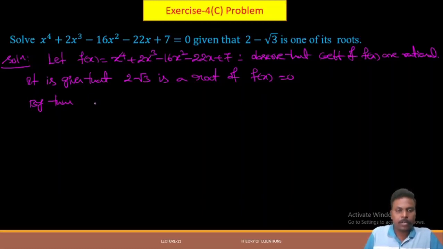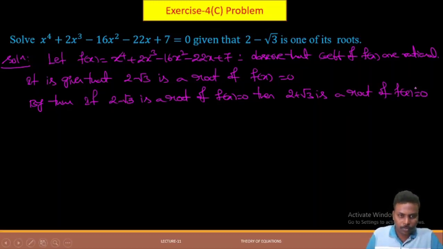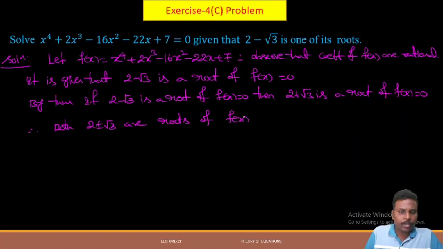By theorem, if 2 minus root 3 is a root of f of x is equal to 0, then 2 plus root 3 is a root of f of x is equal to 0. So therefore both 2 plus or minus root 3 are roots of f of x is equal to 0.